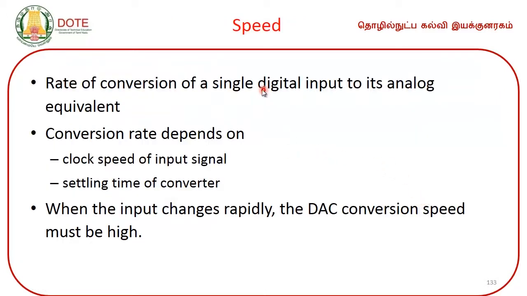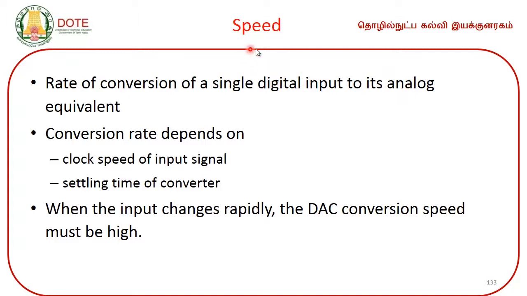Speed, what is the speed? It is the rate of conversion of a single digital input into its analog equivalent, right? That means we give a digital input pattern to the digital to analog converter and the analog voltage must come at the output; how fast it comes after we give the input, how fast this converter converts the input signal and generates the output voltage accordingly, that is speed, right?